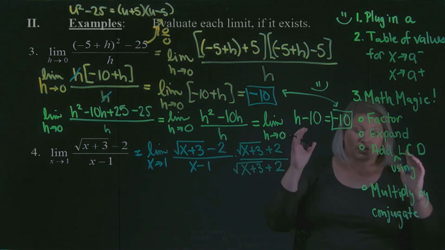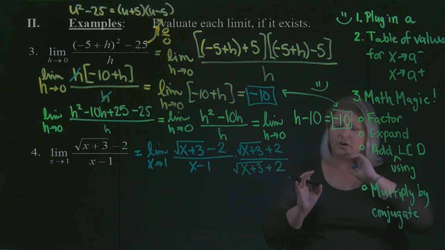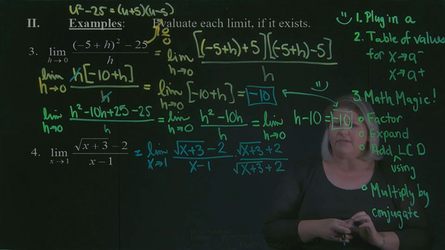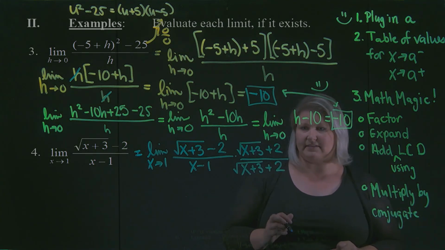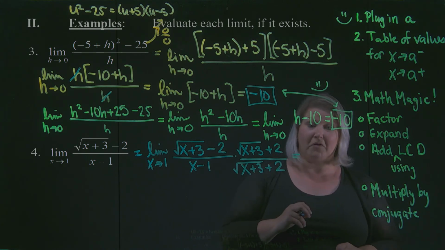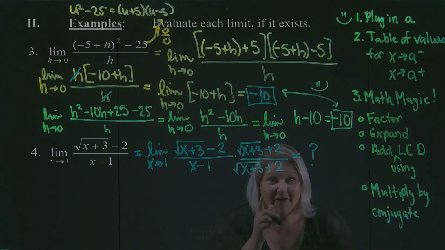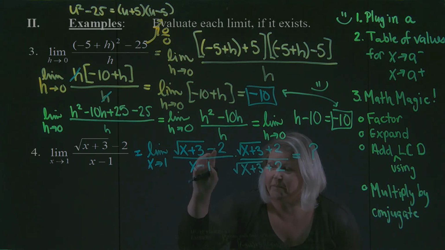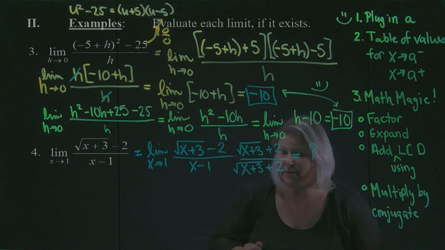Because I need to do legal math moves, I have to multiply top and bottom by this. Okay, what am I going to get? I want you to pause it for a second. Multiply the numerator and the denominator and tell me what you get.